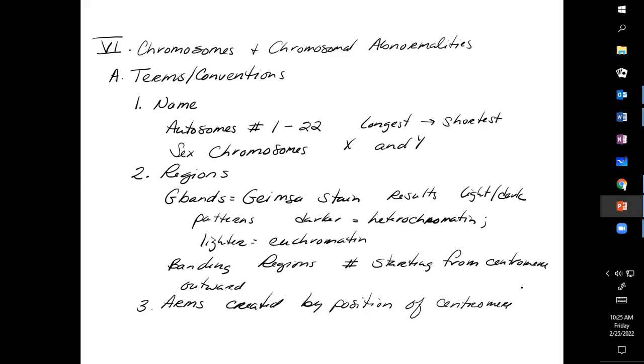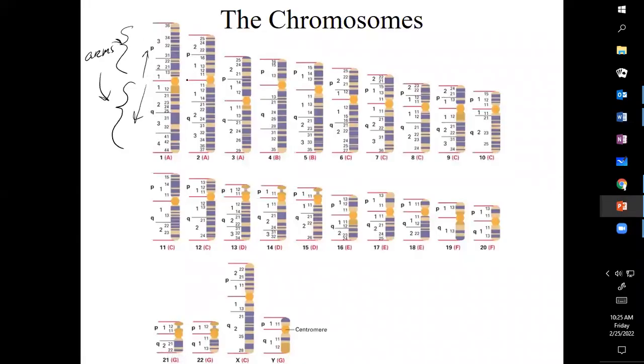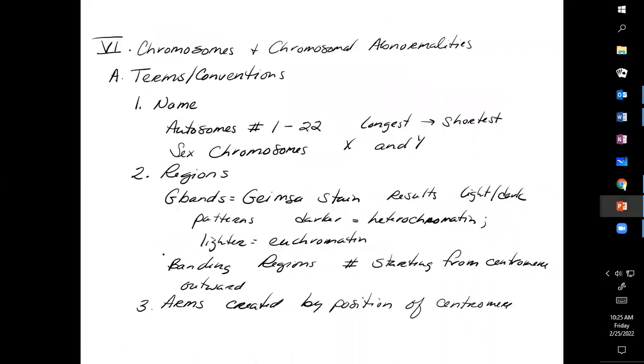And if you look at this little image again, what we see is that the position of the centromere is fixed. This is where the position of the centromere is on chromosome 4, chromosome 5, and that's fixed. But you notice that there's never a centromere that's exactly smack dab in the middle. So these arms that are created, one's always smaller and one is always longer. We call the smaller arm the petite arm or the P arm.